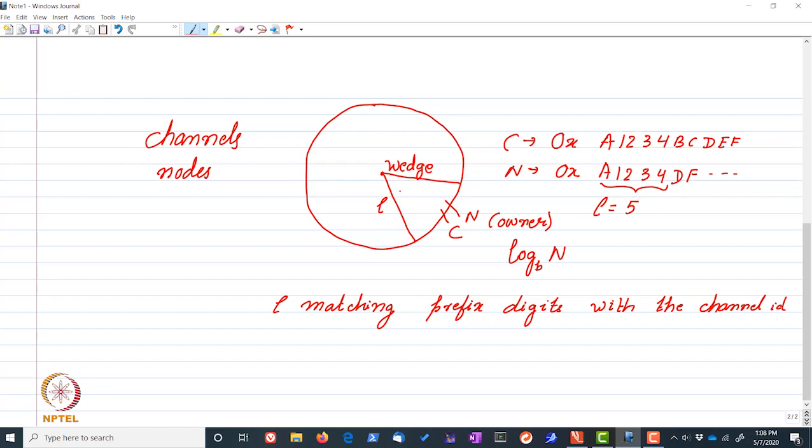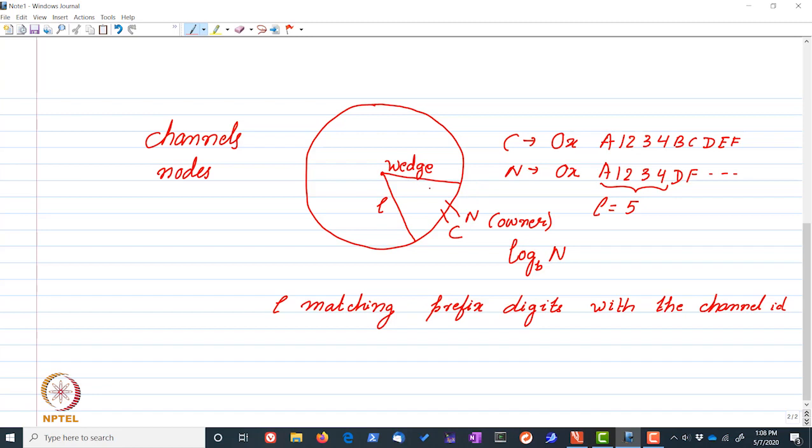So we can always define a wedge based on the polling level. Lower is the polling level, the wider is the wedge. Higher is the polling level, the narrower is the wedge. And of course, once the polling level crosses log n to the base b, we expect the size of the wedge to be 0.